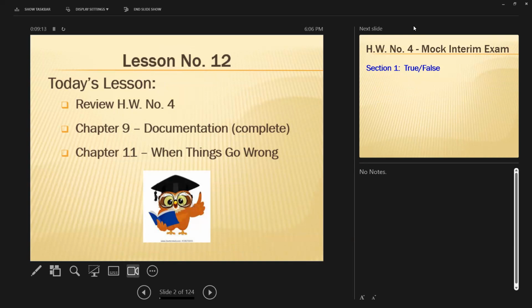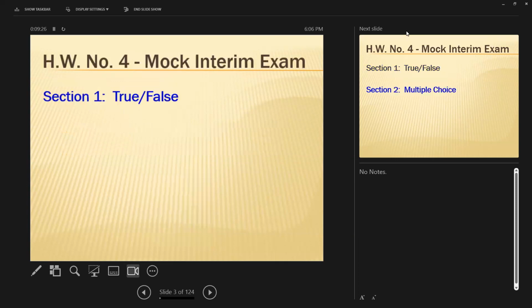Okay. So let's begin with a review of the homework. So the true and false section. Now, you're the only one in, but I'll stop at question 4 because I see that's one that you got wrong.